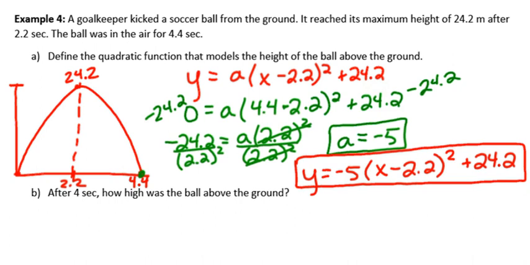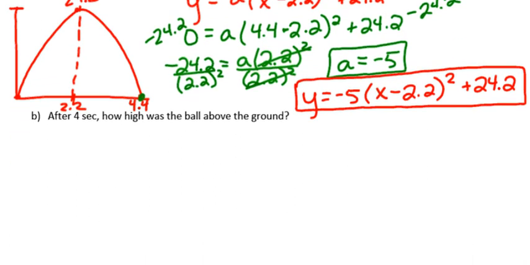Part B asks us, after 4 seconds, how high was the ball above the ground? So our x represents our time in seconds, and our y was our height in meters. So we're looking for how high up. So what is my y value? We know that my a is -5 when my x is at 4 seconds.